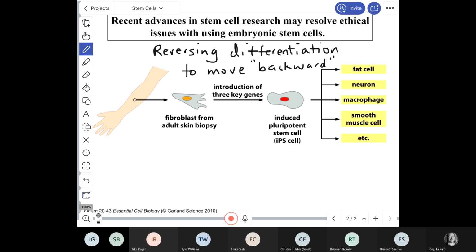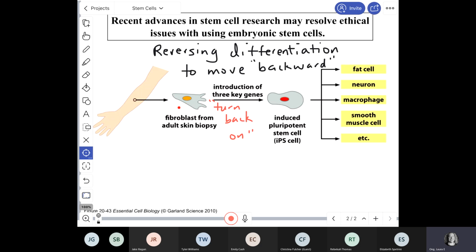With better study of the types of genes that you would need to turn back on in a cell, scientists now are able to take differentiated cells or partially differentiated cells like a fibroblast.